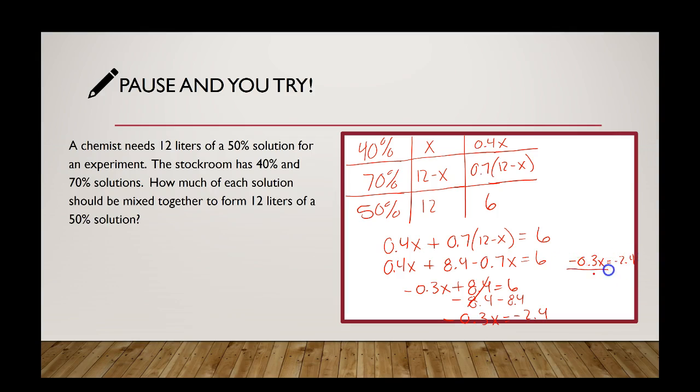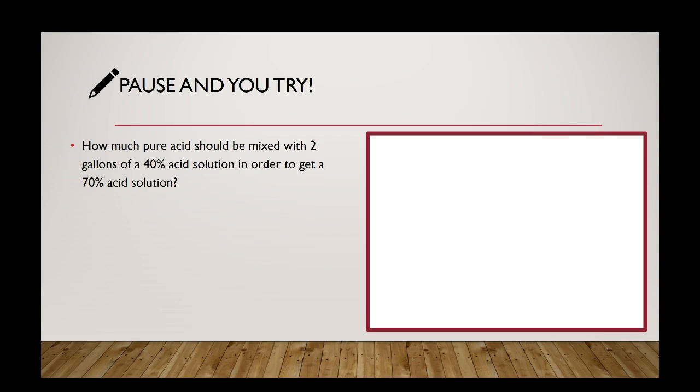Divide by the negative 0.3, and that gives you x equals 8. So you would need 8 liters of the 40%. You would need 12 minus 8, which is 4 liters. And that would give you your 12 total liters. Good. All right, and the last one.